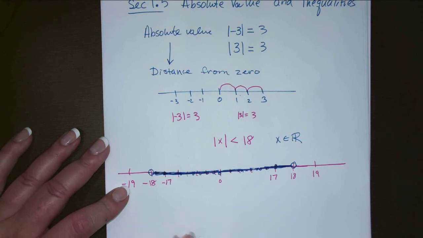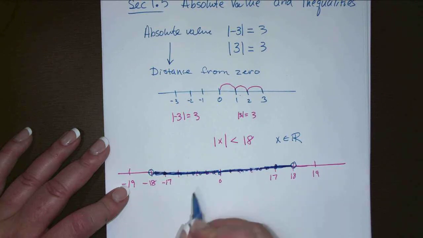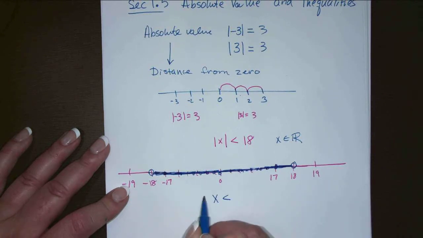These are all the x values between -18 and 18. So the way that you show that is that you say that x is in between -18 and 18. And you actually don't read this from left to right in a normal reading way. You read it from the middle.